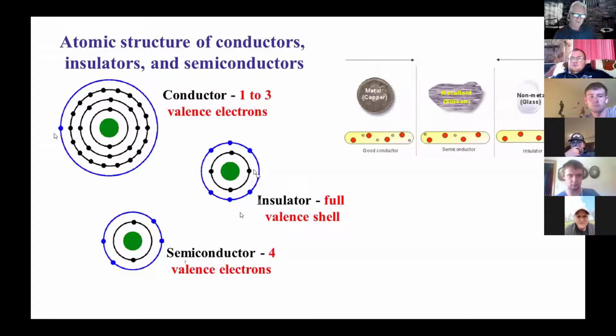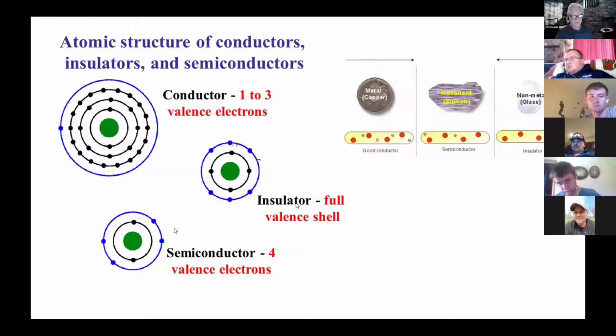But the more electrons you have, the less likely that atom is to give one up. So when you have one out here on an outer orbit, it can get thrown off easily and make it available, which makes electron flow easy. But if they're bound tightly to the atom and harder to shake loose, that's what makes them an insulator.